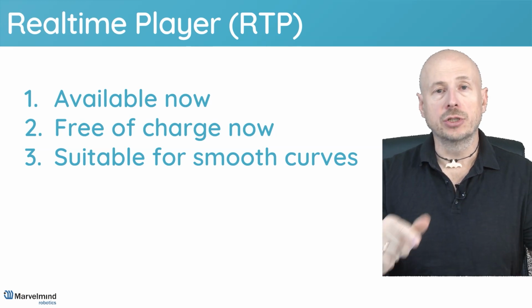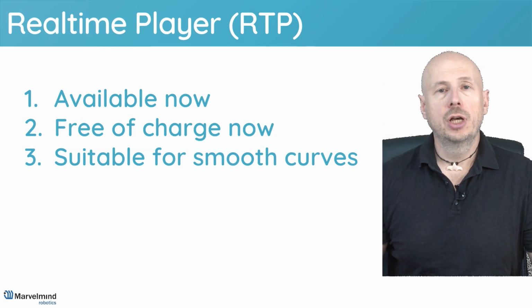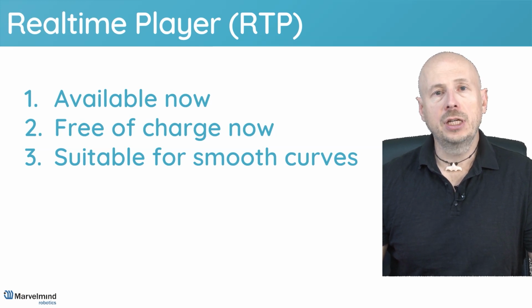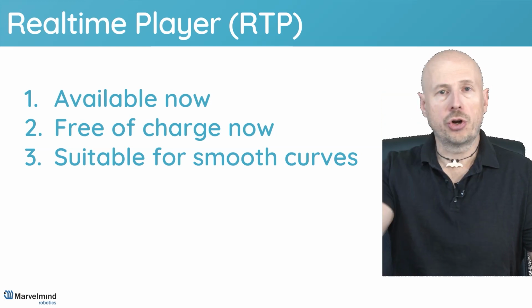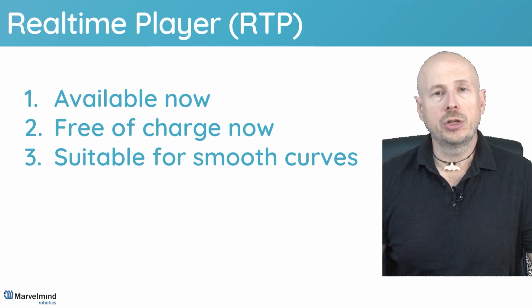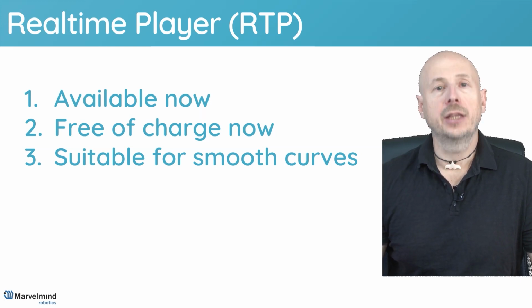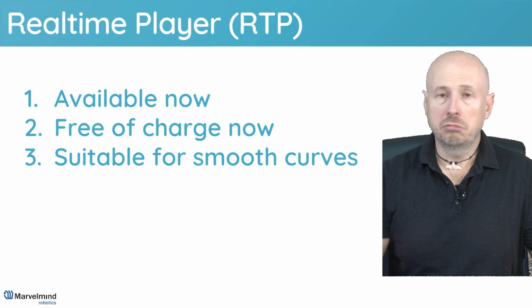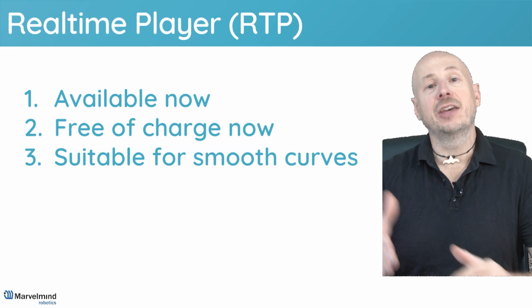Again, it's interpolation. Guess, not measure the location points. The result is pretty good, and it's suitable for relatively smooth curves. So when you don't have sharp turns or you have a sufficiently high update rate, Realtime Player is very good and is recommended. And it's great because it's already available.